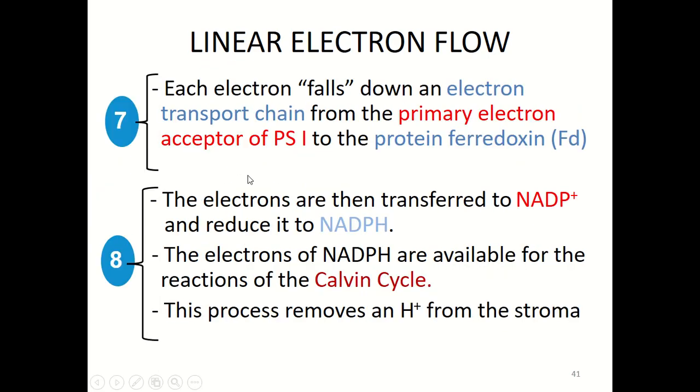The electrons are then transferred to NADP plus, and the NADP plus will accept electrons and be reduced to NADPH. So the NADPH and also the ATP that are produced in the stroma will be used by the Calvin cycle.